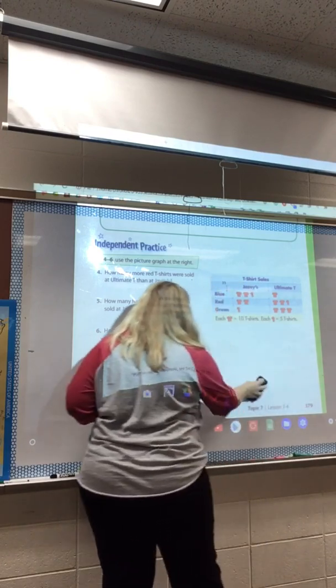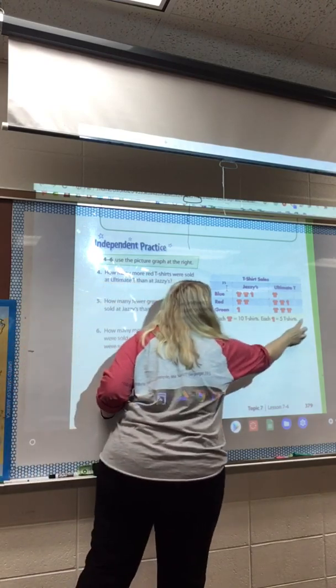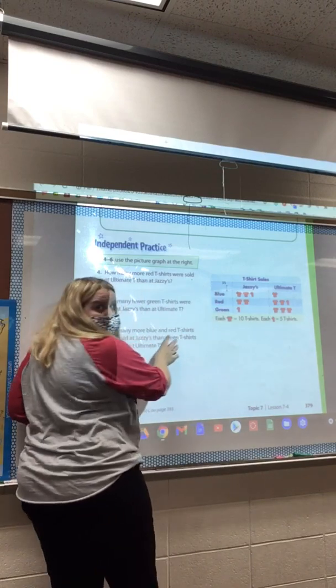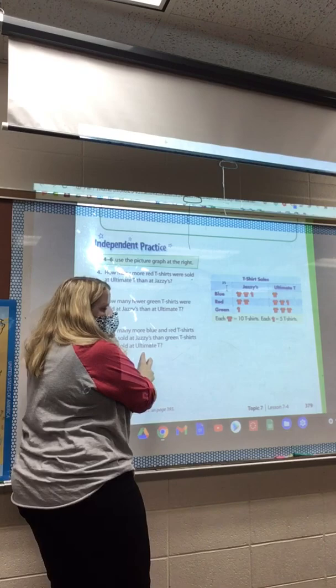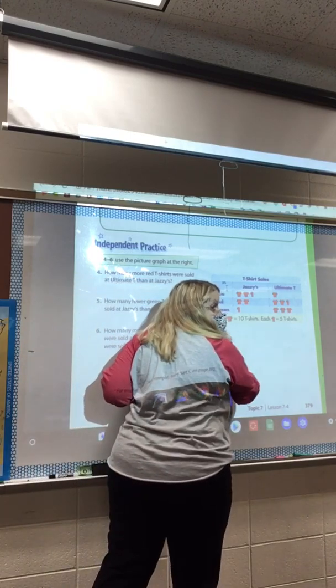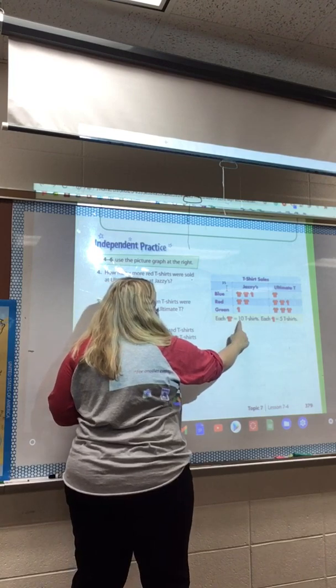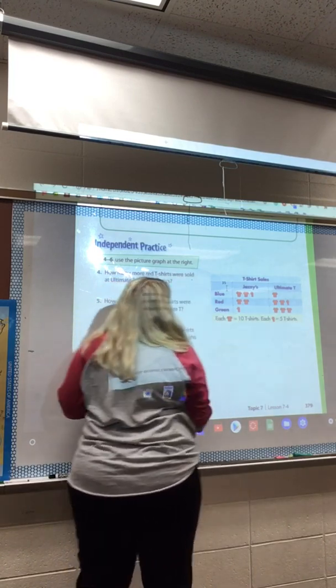So a picture graph takes data and it has this. Remember what that's called? A key. Yeah, it's a key, right? So it tells us that one full t-shirt equals 10 t-shirts and a half t-shirt equals 5 t-shirts.